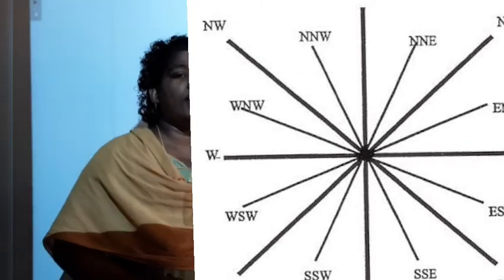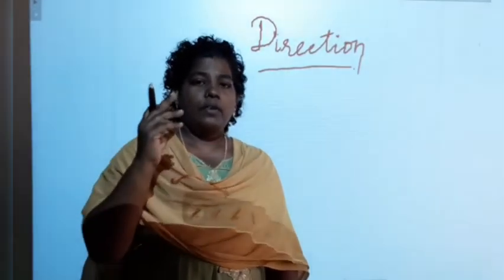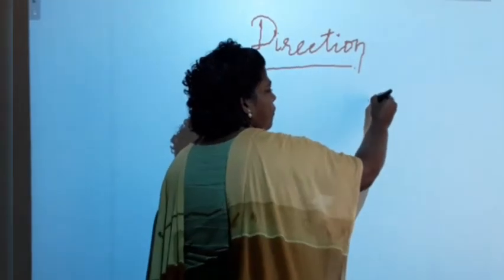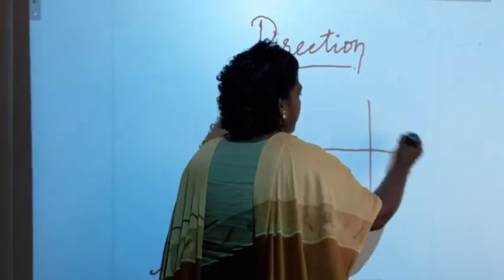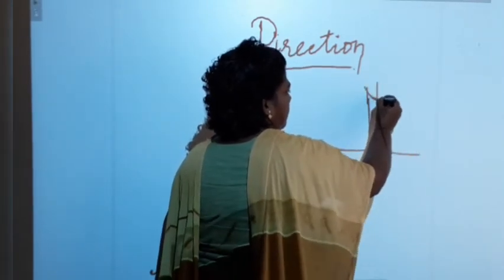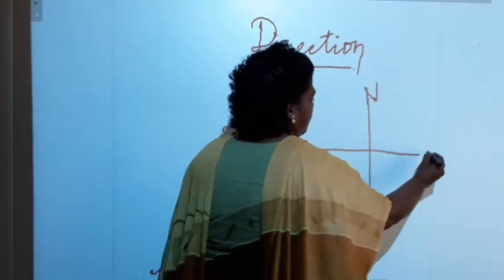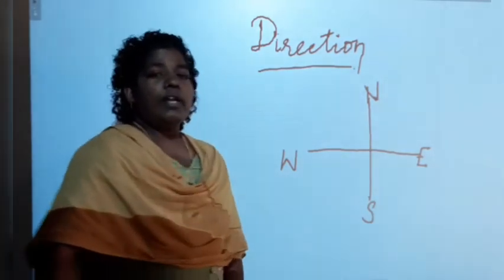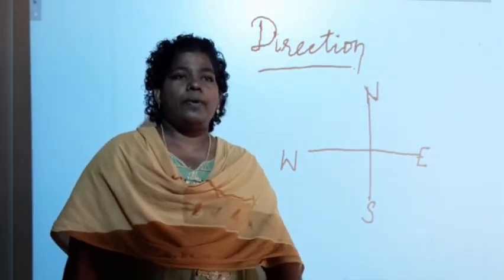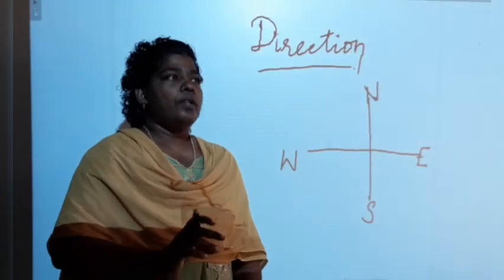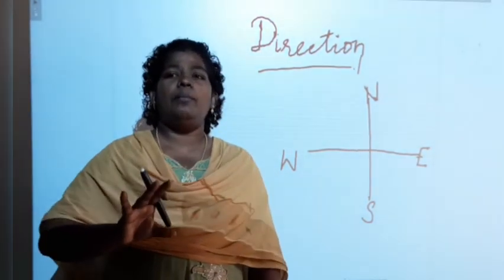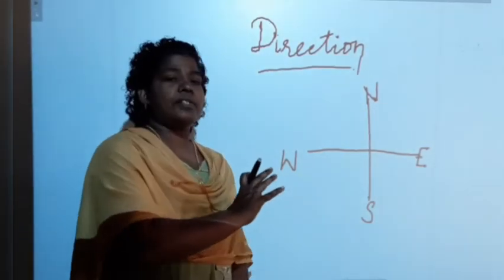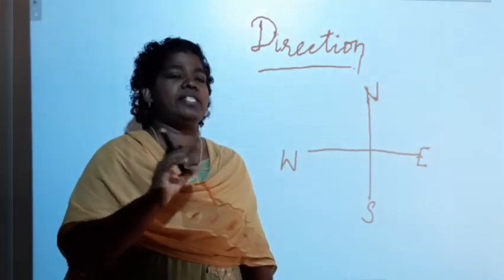What are the 4 important directions? Yeah, east, west, north, south. North, south, east, and west. When you see a map, all these 5 elements will be given. Okay, because these elements help us to understand the map better.